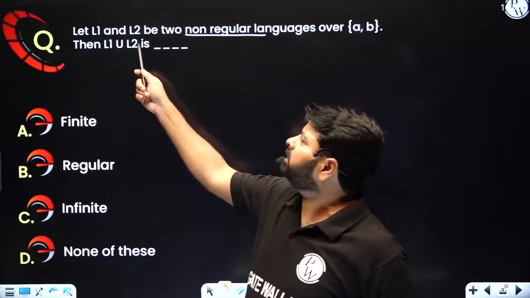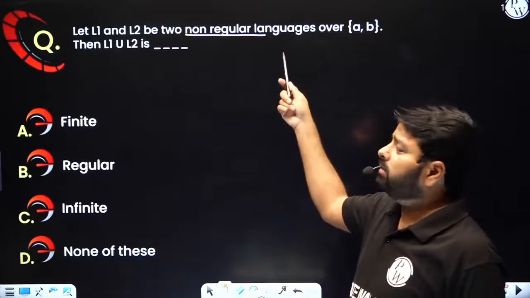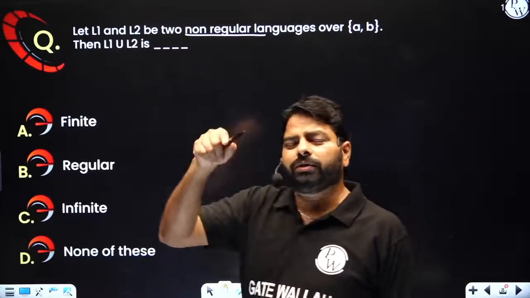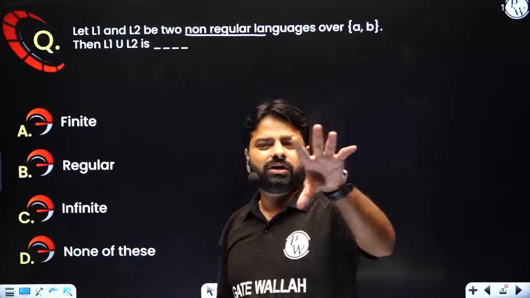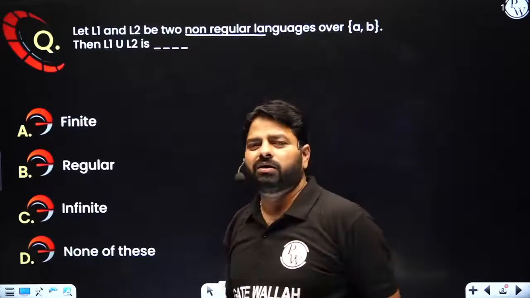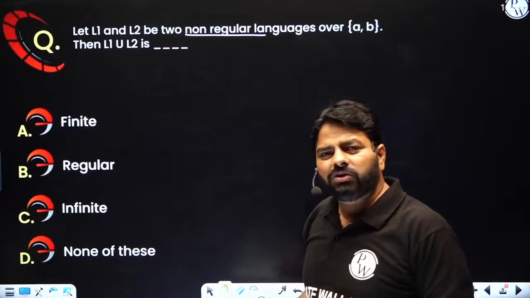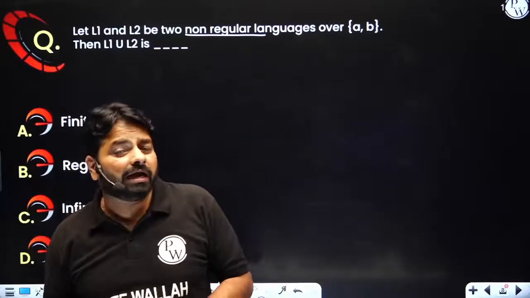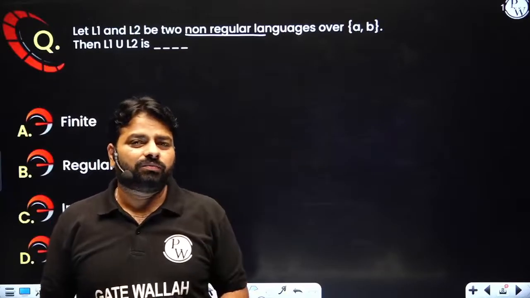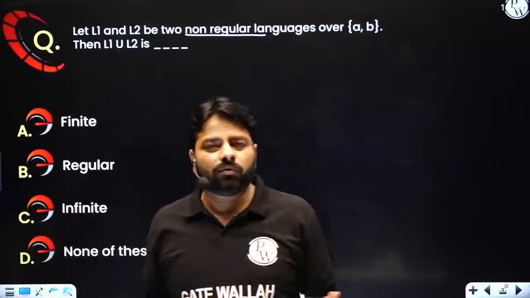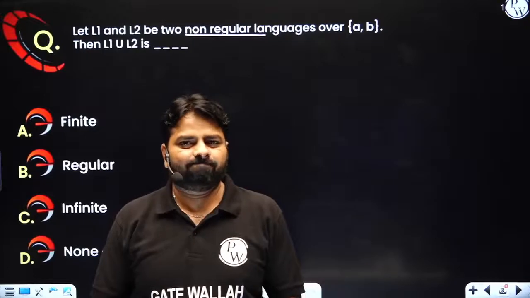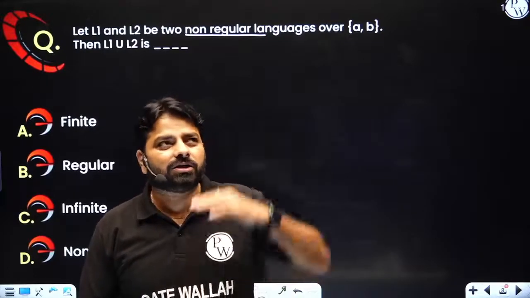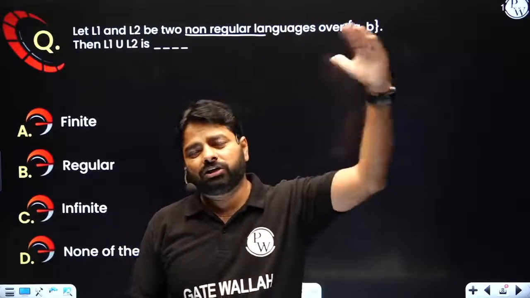There are two non-regular languages, and when you do the union, non-regular union non-regular, what could be the result? As you know, we never learn non-regular languages as a topic, but we learn regular languages, because for regular languages you have proofs, while for non-regulars we can't talk like that, because non-regular could be beyond your imagination.